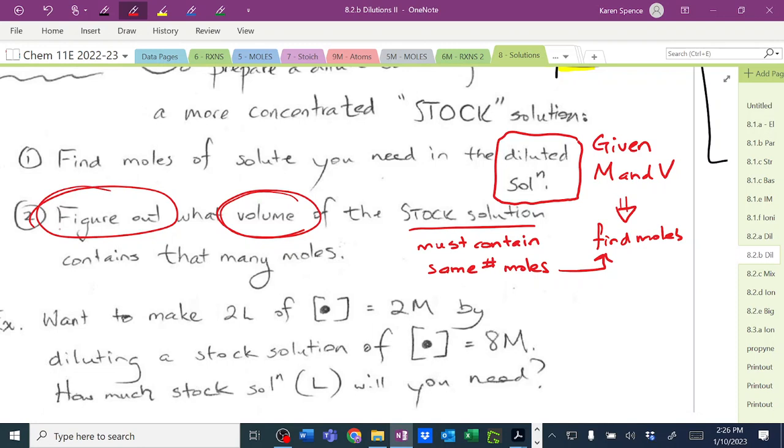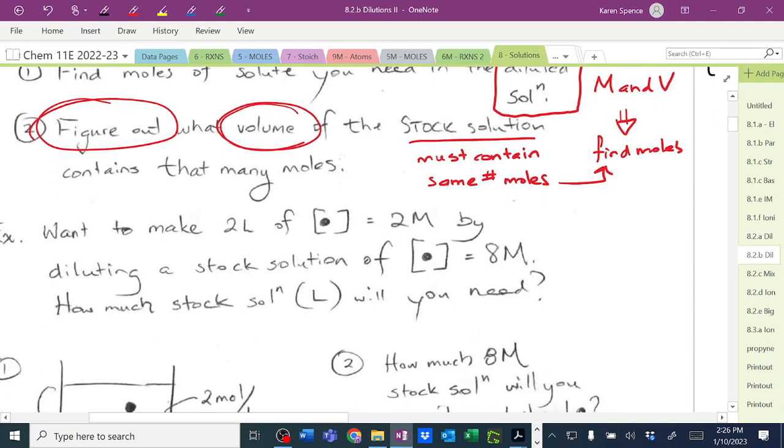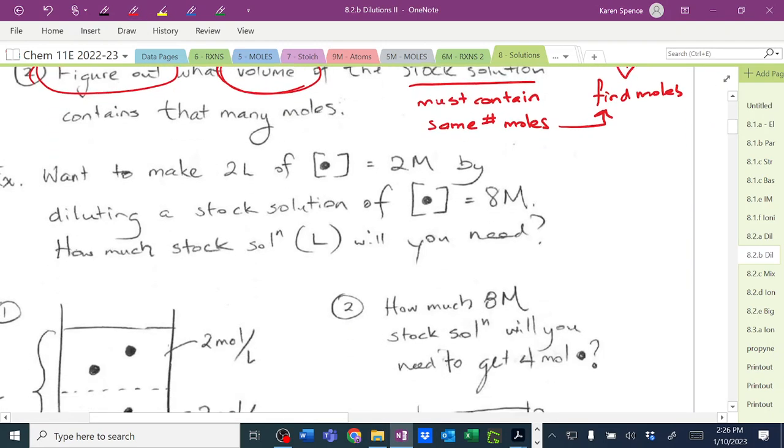Okay? So let's take a look at a little pictorial representation. We want to make 2 liters of little dots at a concentration of 2 moles per liter by diluting a stock solution of 8 molar.